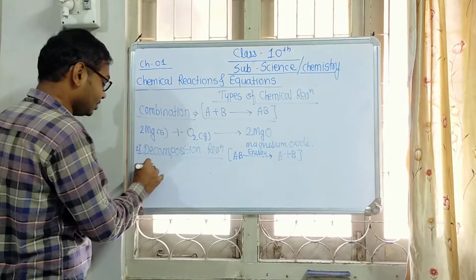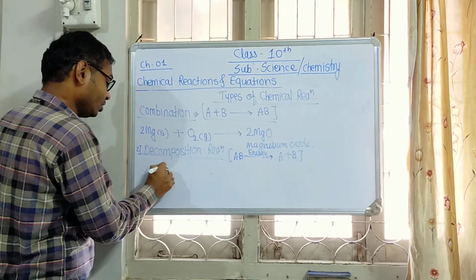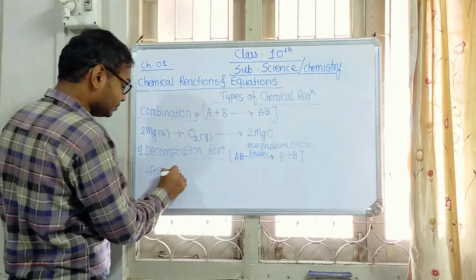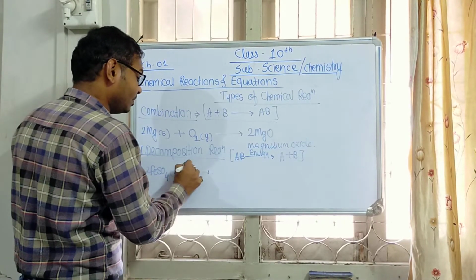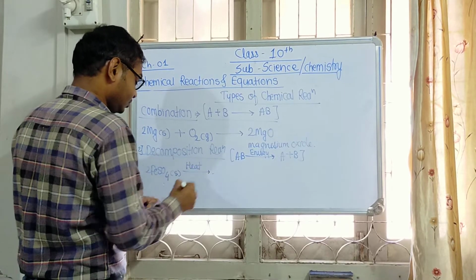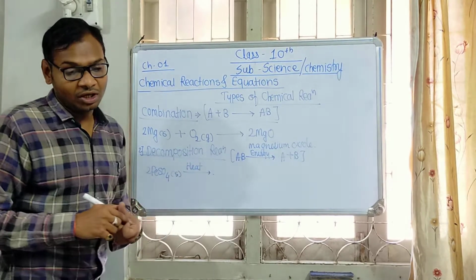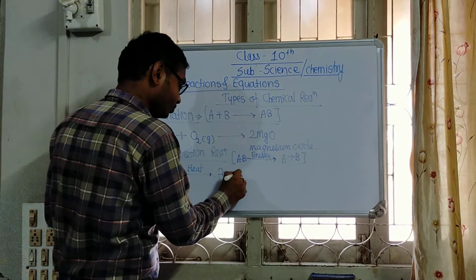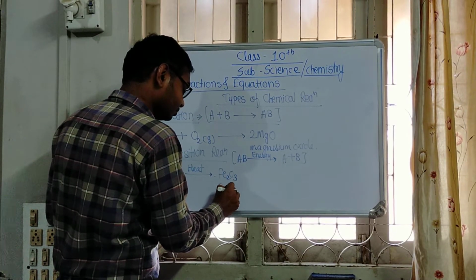We are taking an example of 2FeSO4, that is ferrous sulfate, solid. On applying heat, it gets converted into Fe2O3, that is solid ferric oxide.